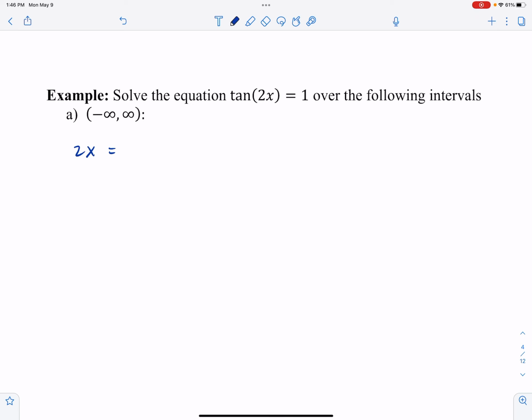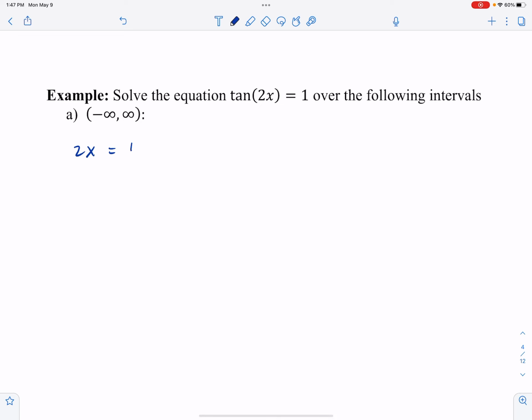Tangent is positive in quadrant 1 and quadrant 3. However, the fundamental period of tangent is pi, so we can actually just think about the angle from one of the two quadrants. So either quadrant 1 or quadrant 3 would make this a true statement.